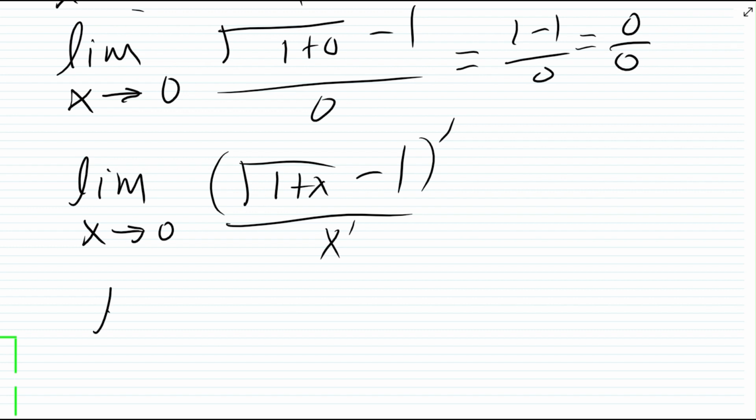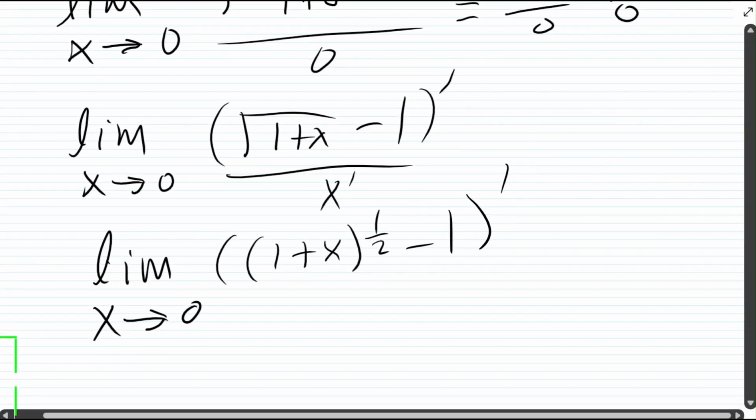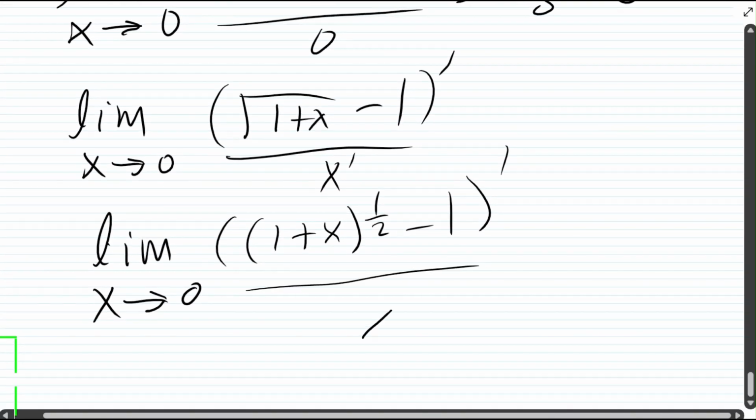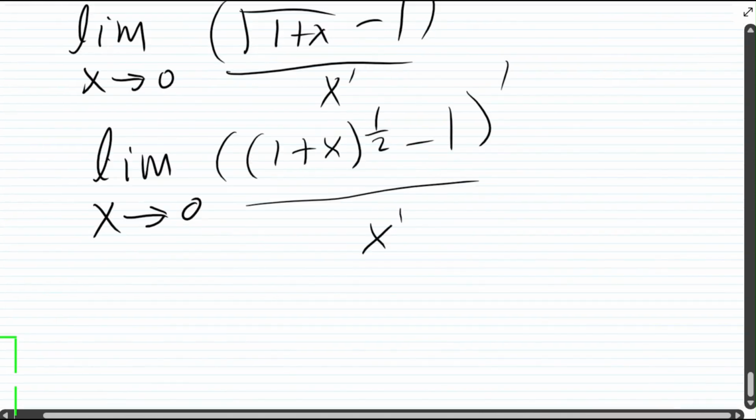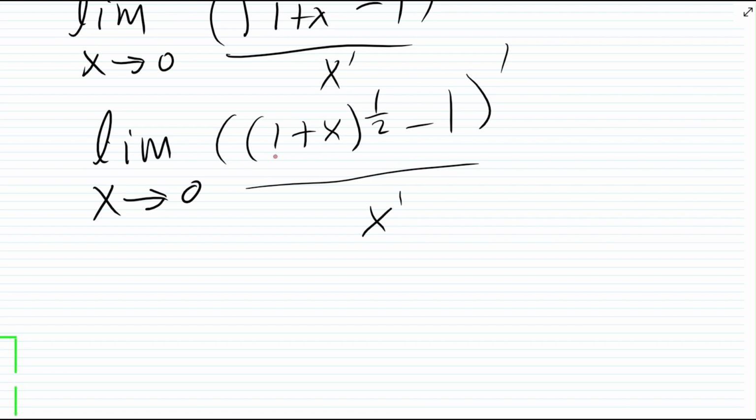So this can also be written as the limit as x approaches 0 of 1 over 2 times 1 plus x to the power of minus 1 over 2, times the derivative of the inner portion.